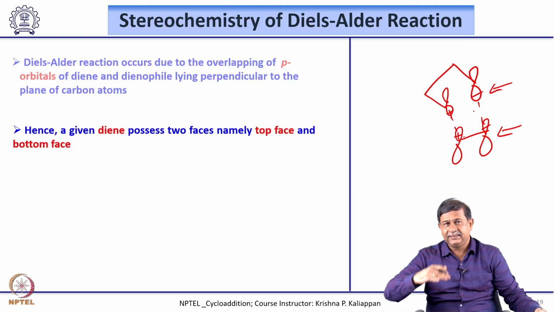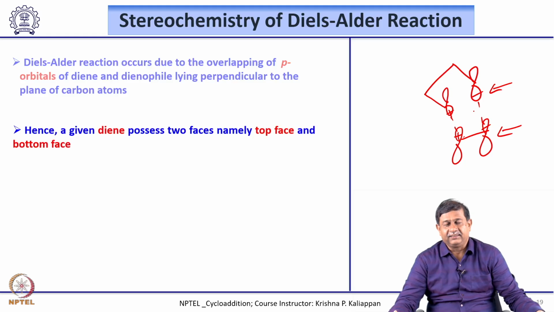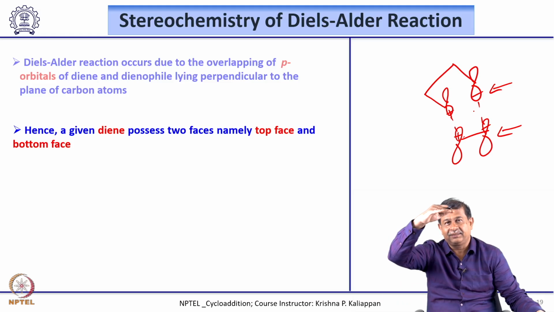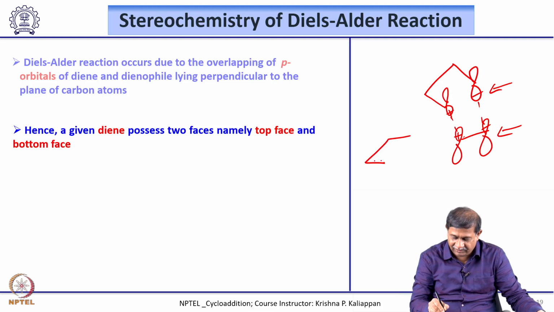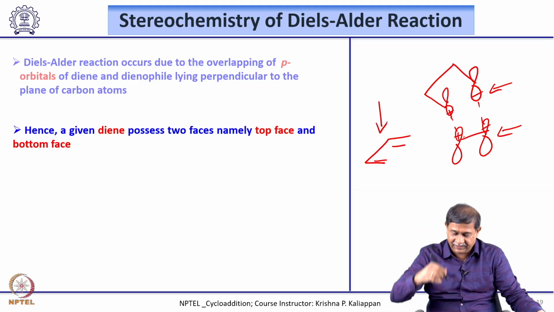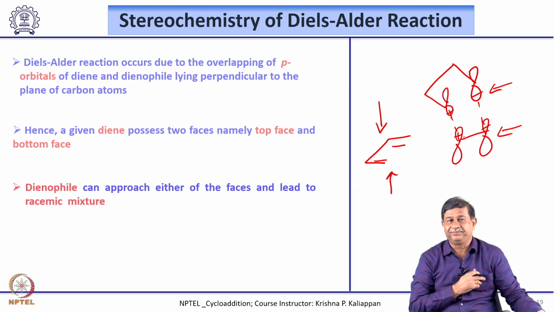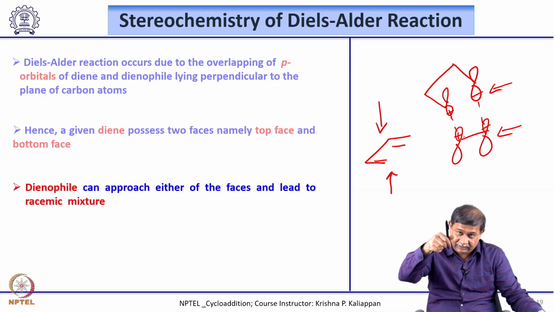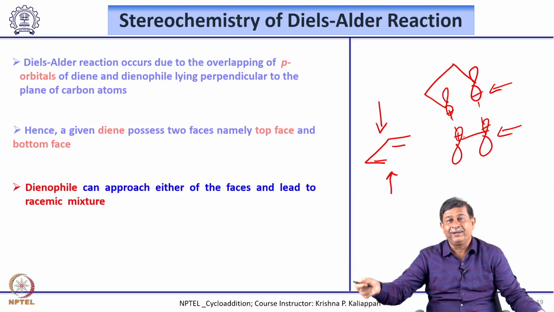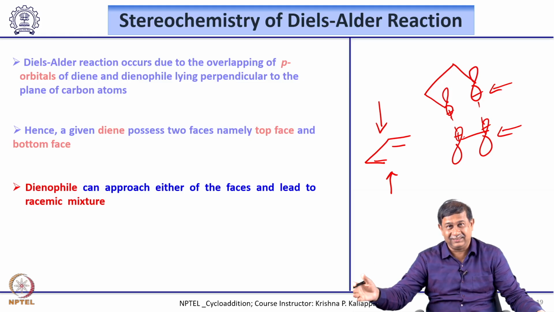When this happens, normally there are 2 possibilities. If we have a diene, then the dienophile can come either from the top face or from the bottom face. If the dienophile comes from the top face, it should give 1 enantiomer, and if the dienophile comes from the bottom face, it should give the other enantiomer.